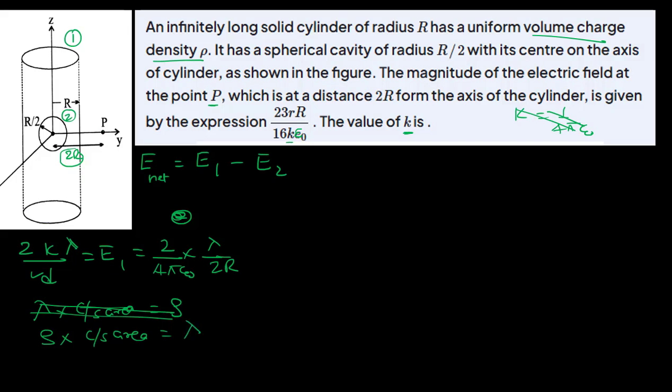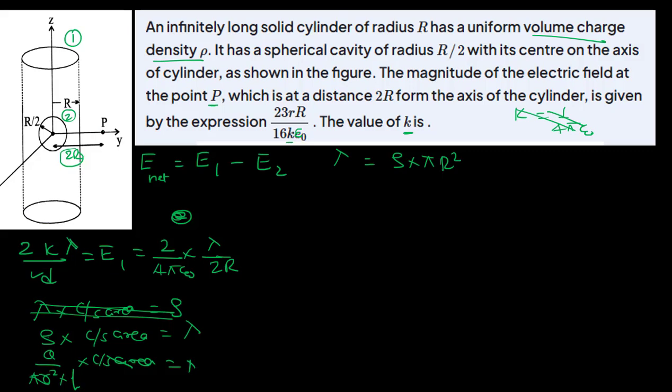I made an error over here earlier, it is the other way around. The volume charge density is charge per volume, which is πr² into the length, so the length gets cancelled. So Q upon L. Yes, volume charge density into cross sectional area is λ. So I could write down that λ is equal to rho into πr².